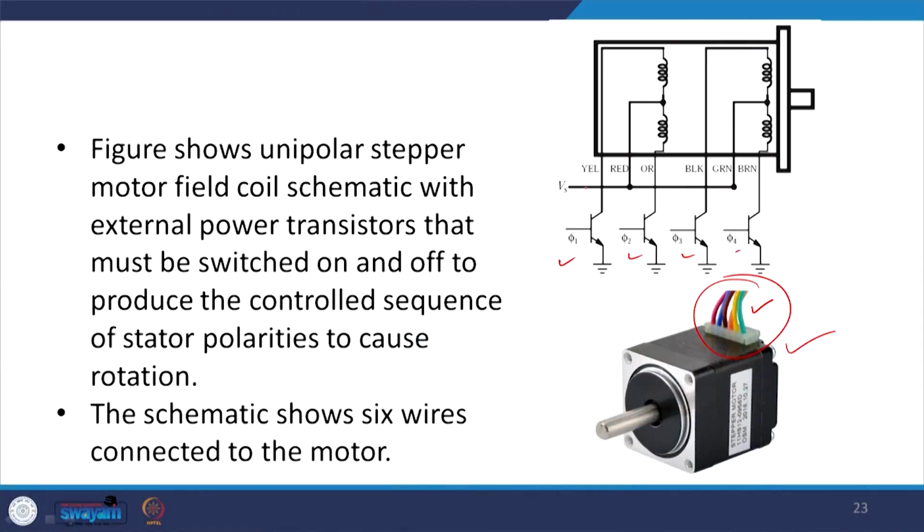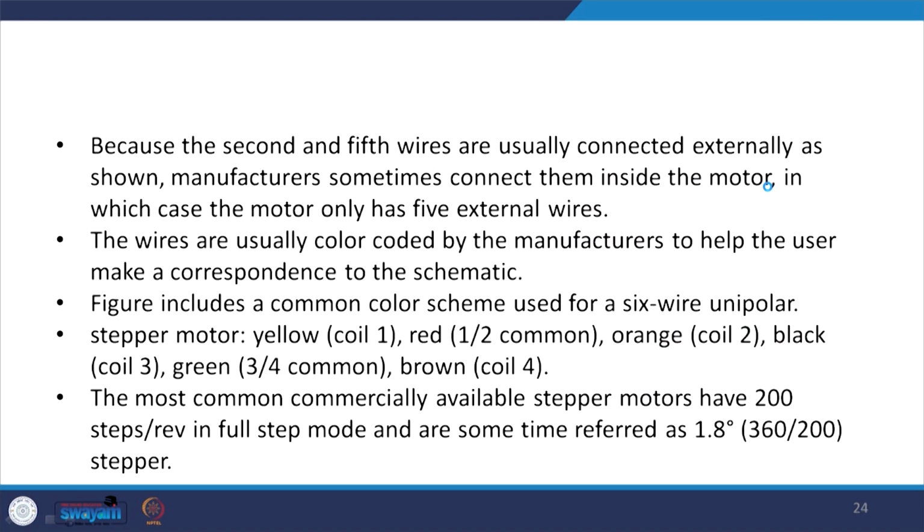So, you can see that we have 1, 2, 3, 4, 5, 6: yellow, red, orange, black, green and brown. This is the color coding. Usually the second and fifth wires are joined together internally. They are usually connected externally as shown, and manufacturers sometimes connect them inside the motor also, in which case the motor only has 5 external wires.